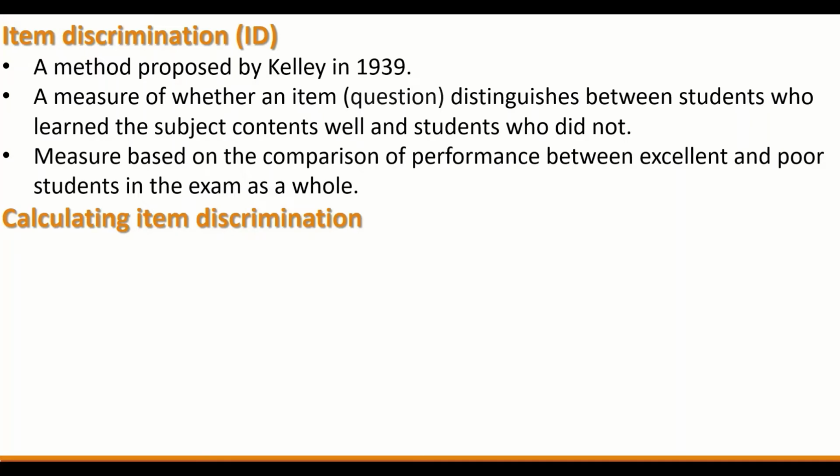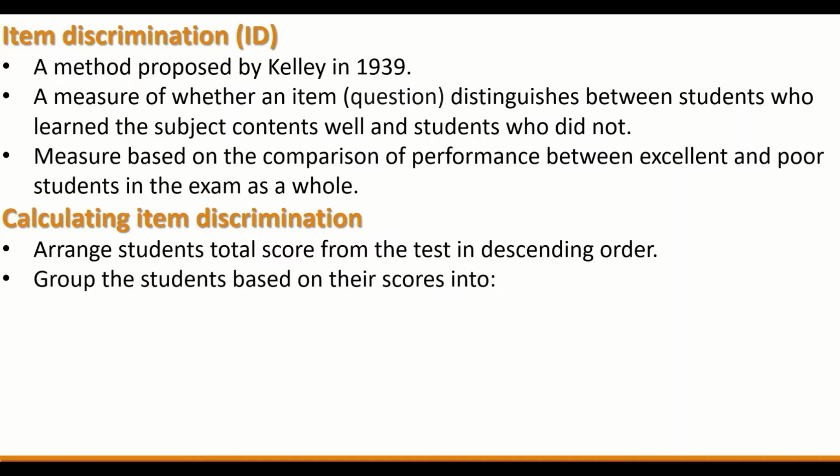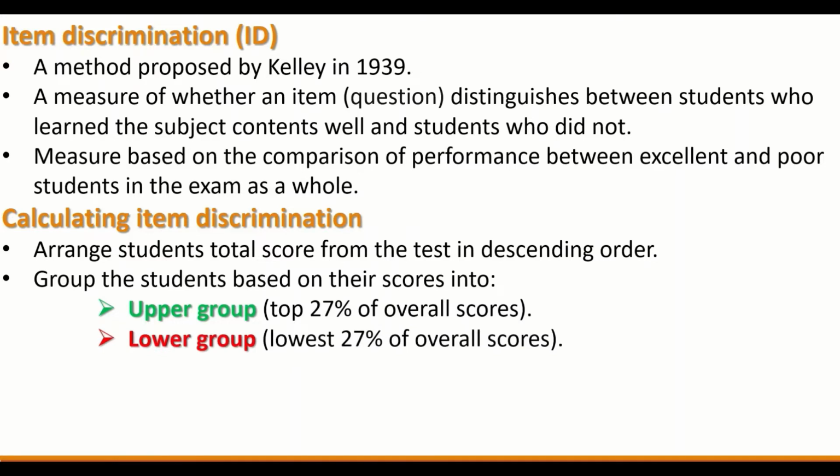The item discrimination is calculated by arranging the student total scores from the test in descending order. Group the students based on their scores into an upper group and a lower group.